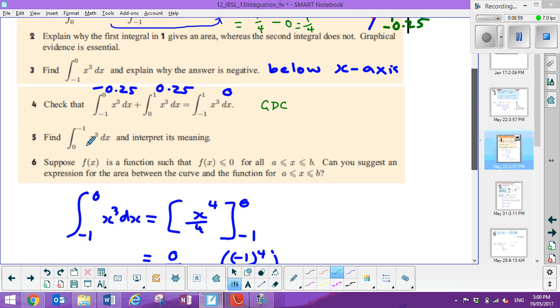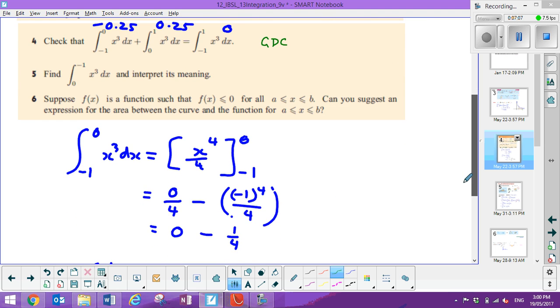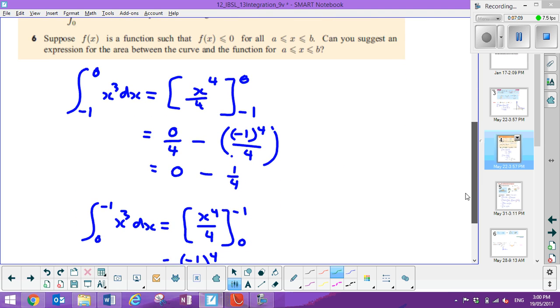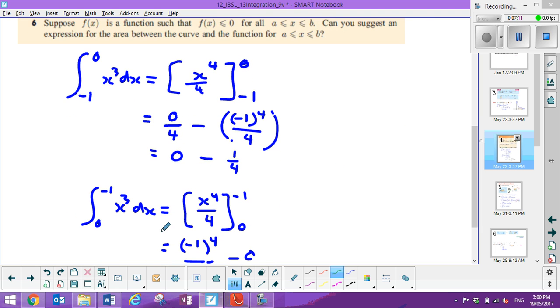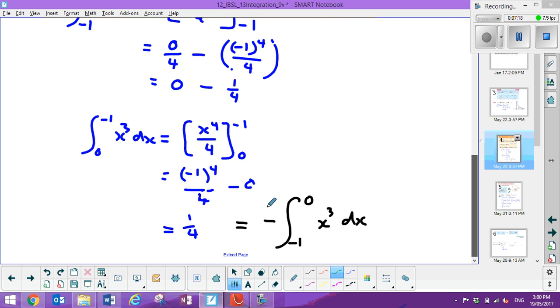What if we go from 0 to -1 of x cubed dx? What does that mean? When we do -1 to 0, we got this answer. If we go from 0 to -1, then we end up with a positive answer. So remember that if we go 0 to -1, that's the opposite of going -1 to 0.